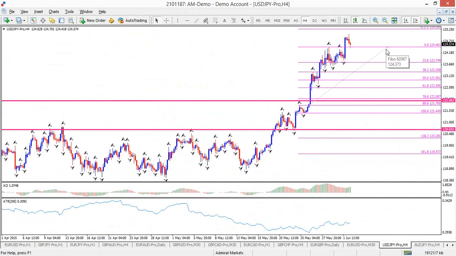So from that point of view, I was looking for a hook back to the 38.2 fib or 50 prior to the break yesterday, but it didn't happen. I was looking for a long from those levels, but that didn't happen.